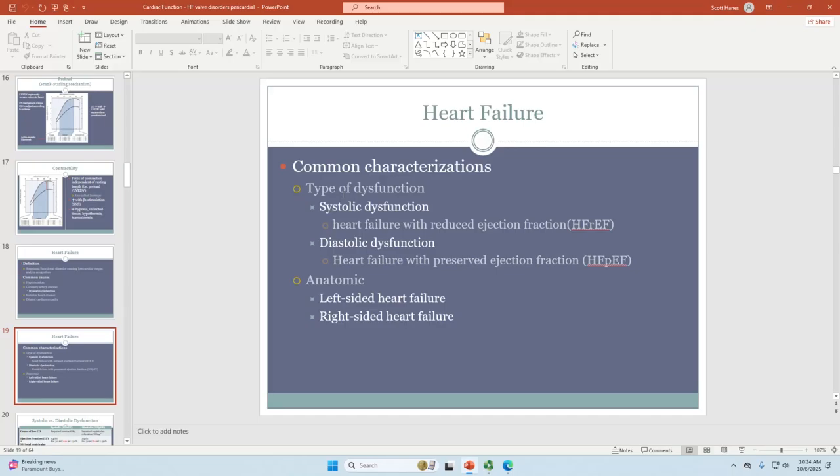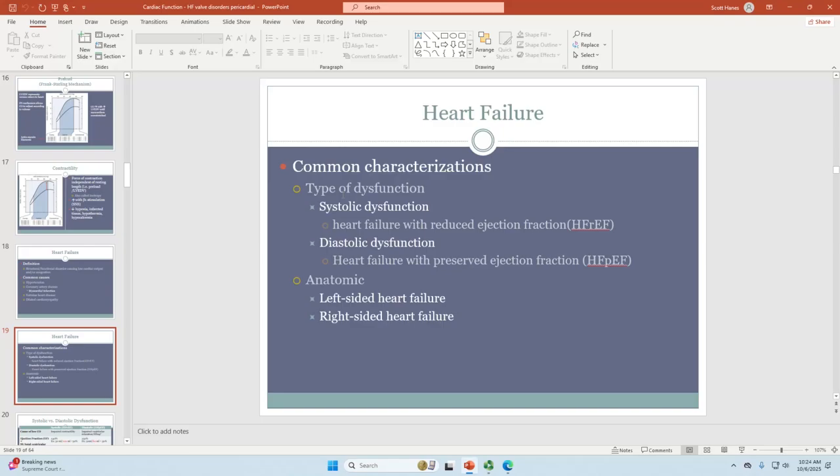Diastolic, heart failure with preserved ejection fraction. Obviously, it's a little bit of a tongue twister, so I'll use systolic and diastolic, but keep in mind, these are the medical terms that are used in literature, so be familiar with both. So that defines why the patient has a decreased cardiac output, two different types of dysfunction of the heart.